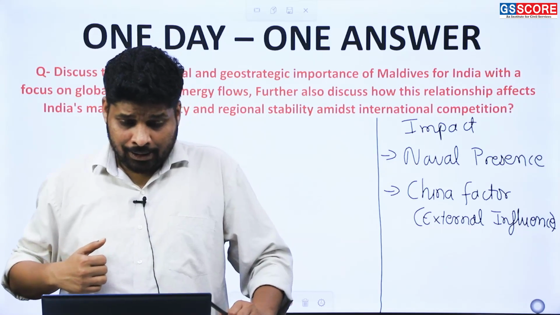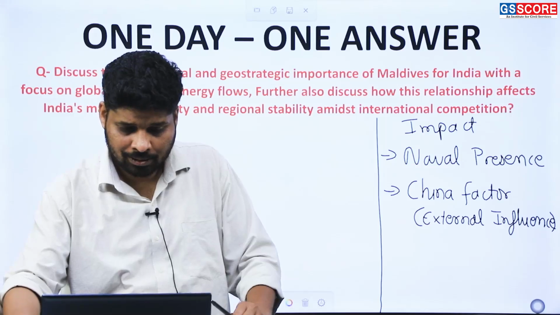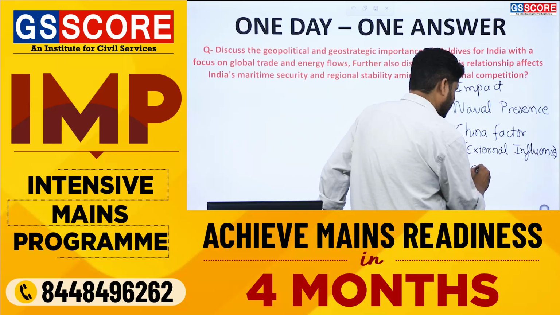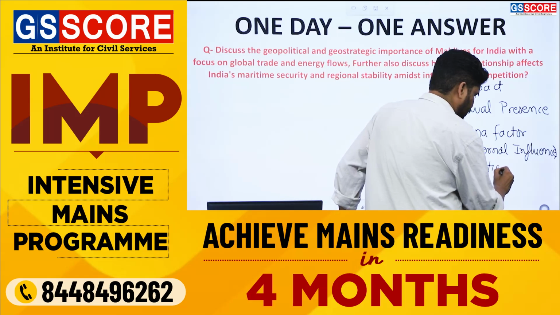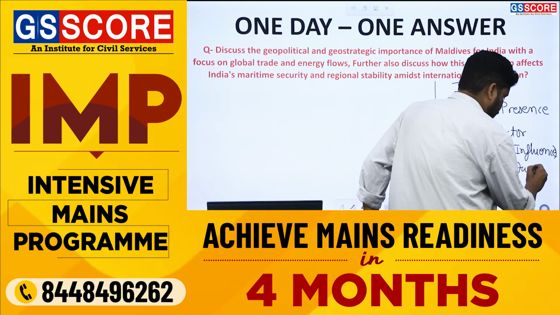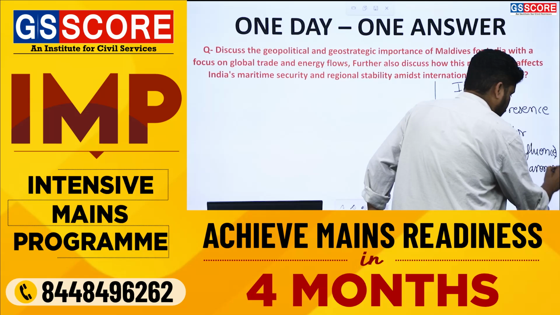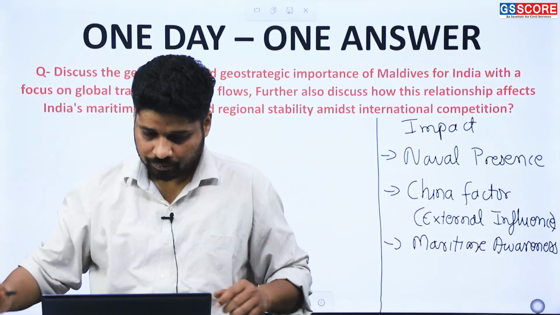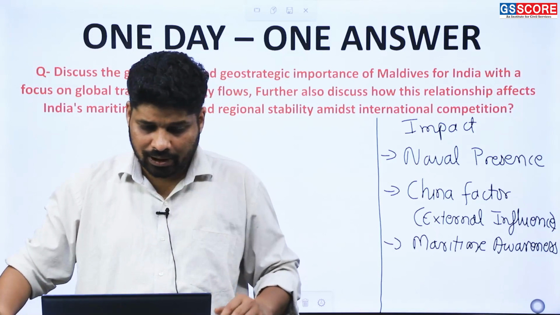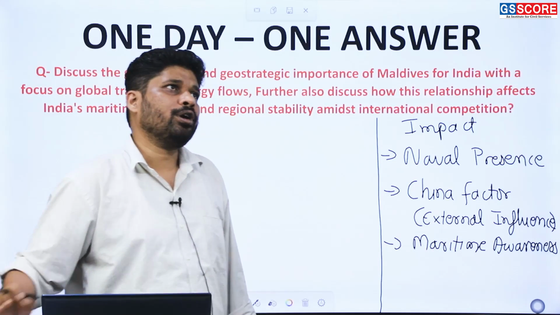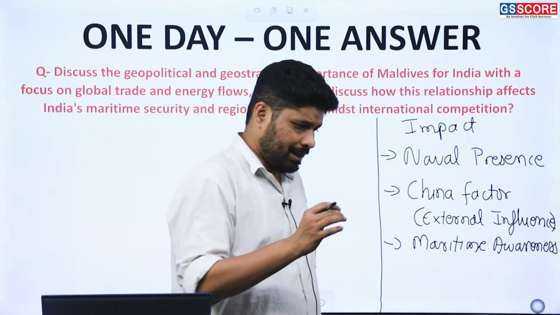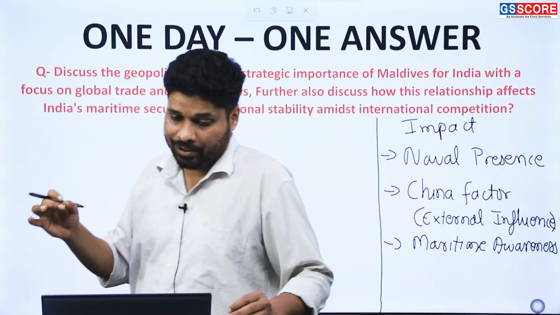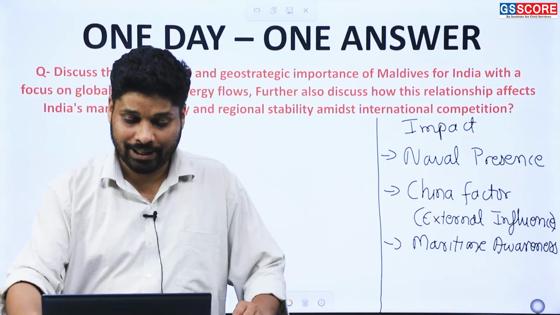All right. Third is maritime awareness. Surveillance over the region, the surveillance and monitoring capacity of India in the Indian Ocean region, to a large extent depends upon relations between India and Maldives.